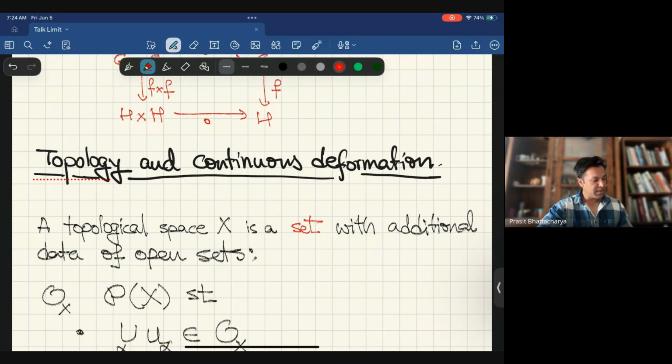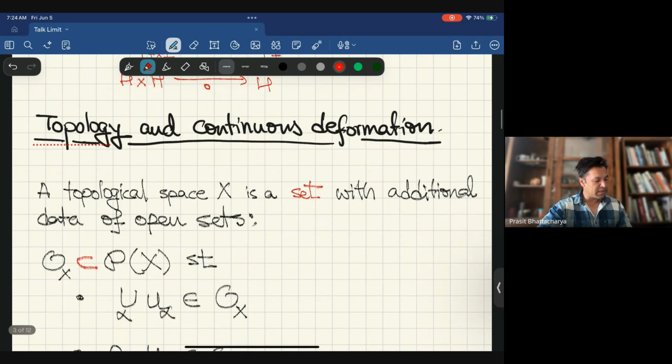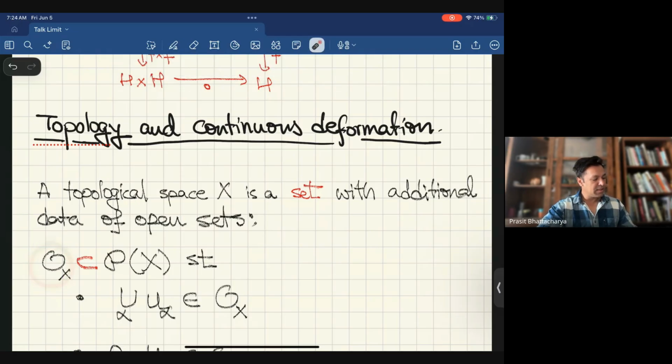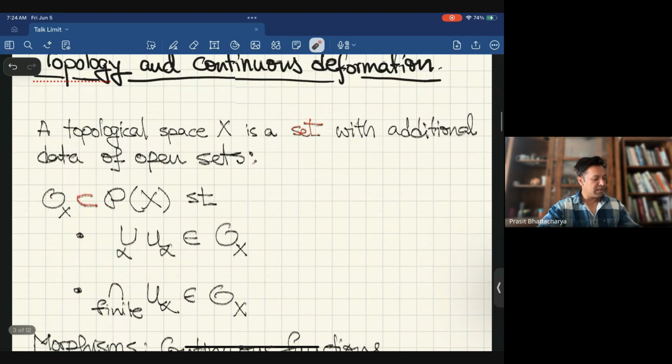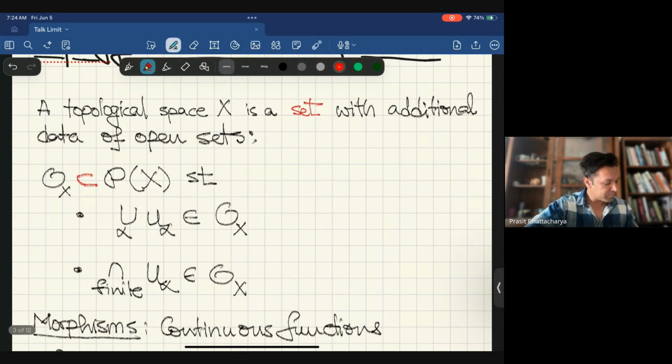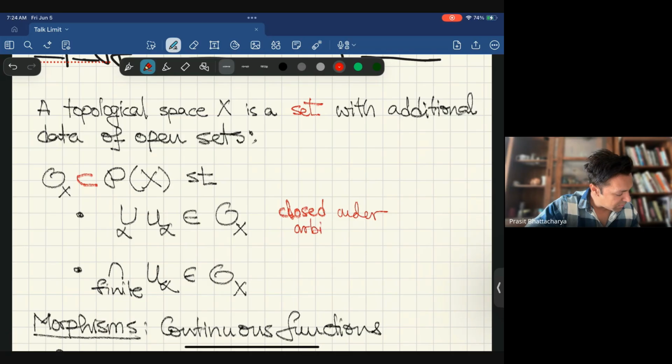So rigorously, a collection of open sets is a collection of subsets of your set X. So the way I'm writing it is that the collection of all open sets is a subset of the power set of X, such that it is closed under arbitrary union and finite intersection.